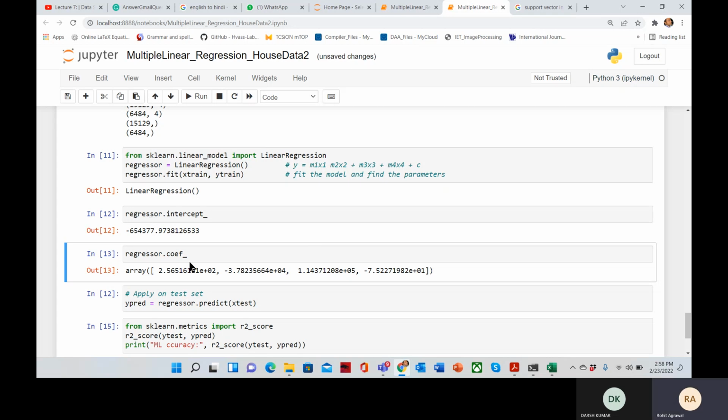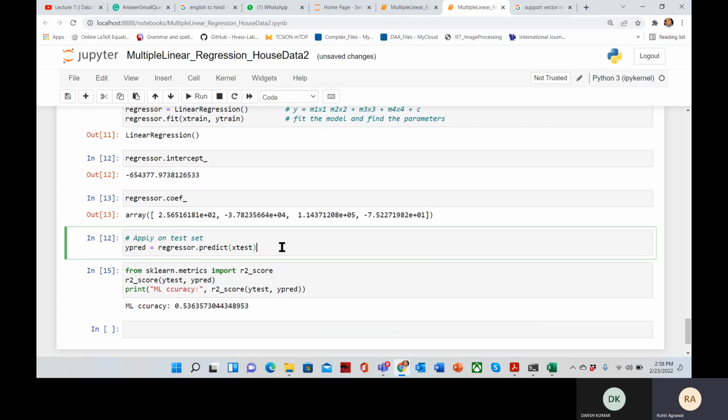That's it. Now, just recall from the lecture, we are going to find the predicted value. For testing data, which is unknown data, we use m1 x dash 1, m2 x dash 2, m3 x dash 3 and m4 x dash 4 plus c, and we are just going to find this y value.